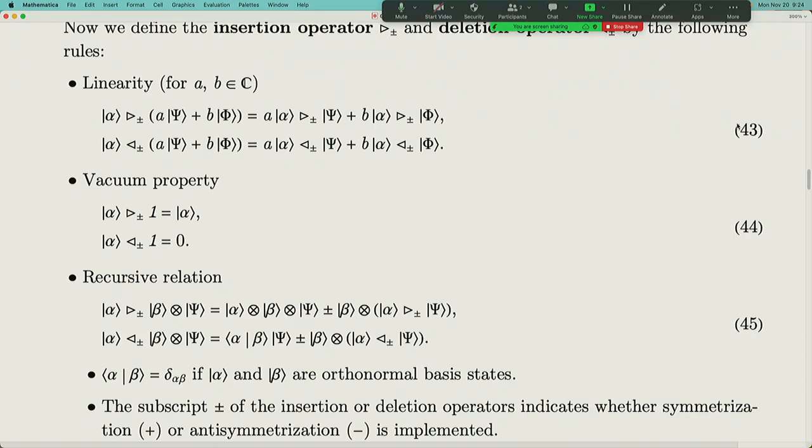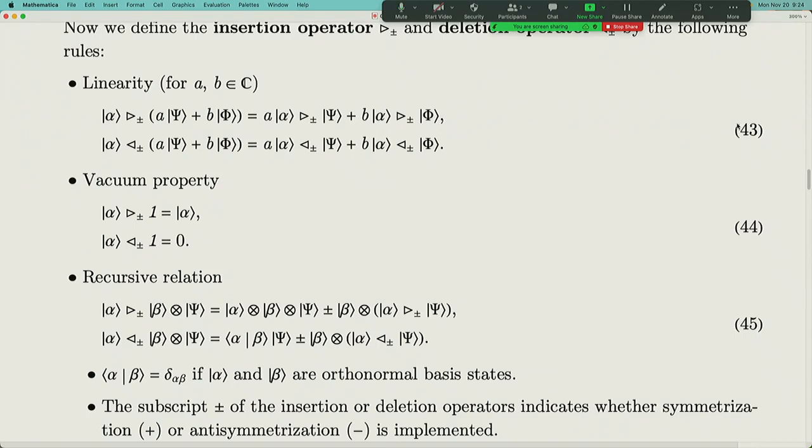You never get any non-zero in the product from the search, then the answer is 0. So that's why if you start from a vacuum state and try to delete any single particle state, because nothing exists in vacuum, the result will just be a 0 vector. This 0 corresponds to a 0 vector in the many-body Hilbert space.